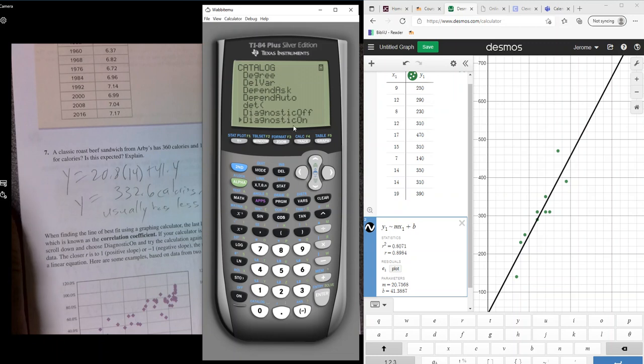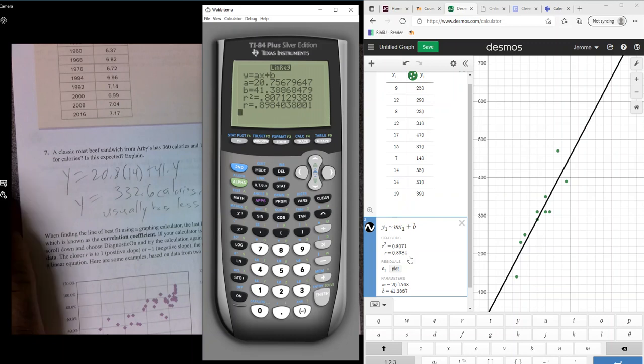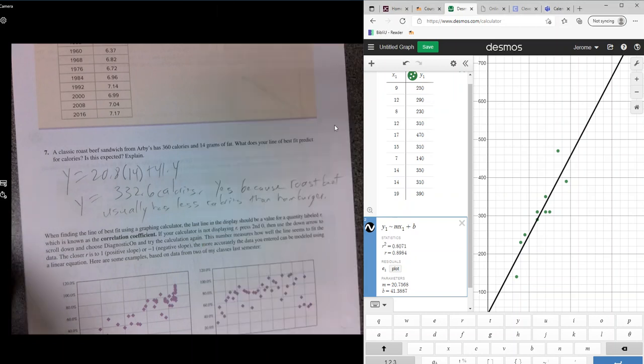Now it says done. So if you go back, go to calculate, the number 4, go down here to calculate, and now it gives you the R value. If you notice, this R value is the same as this R around in the 4 decimal places. So now that we see how to get that on the TI calculator, we could just go ahead and focus on the Desmos for right now.